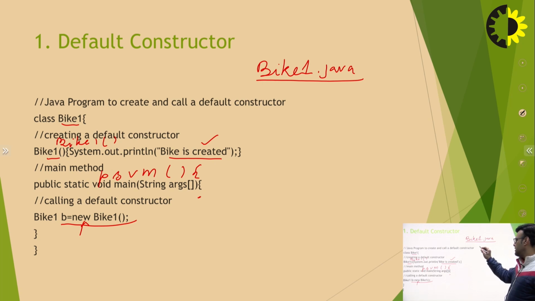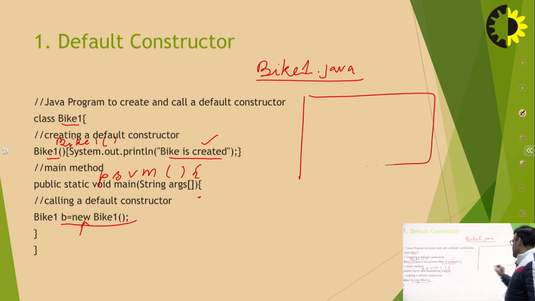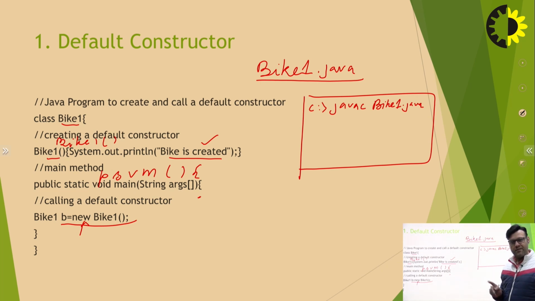Then I am on the command prompt. Firstly I will compile this with the help of this command, javac bike1.java. Then the program will be compiled, which means the .class file is created.